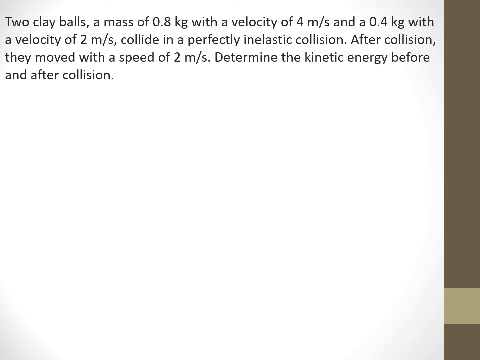Now let us have this problem. Two clay balls, a mass of 0.8 kg with a velocity of 4 meters per second, and a 0.4 kg with a velocity of 2 meters per second collide in a perfectly inelastic collision. After collision, they moved with a speed of 2 meters per second. Determine the kinetic energy before and after collision.